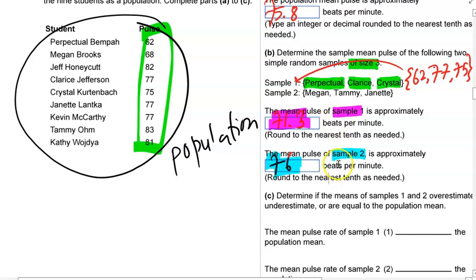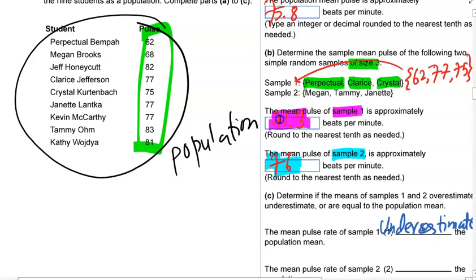Now part C, determine if the mean of sample 1 and sample 2 overestimate, underestimate, or equal the population mean. Remember that the population mean is 75.8. Sample 1 mean is 71.3, which is lower than 75.8.